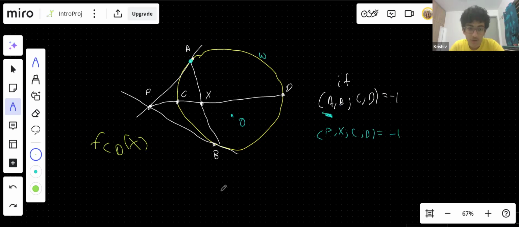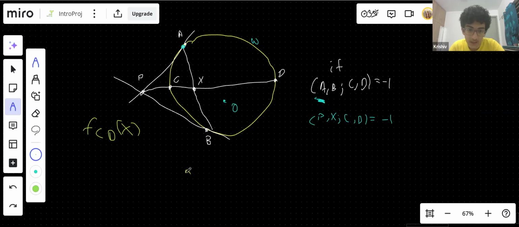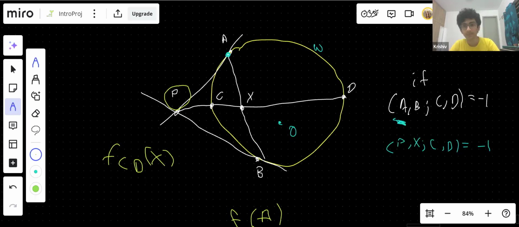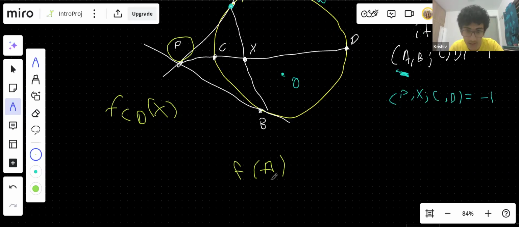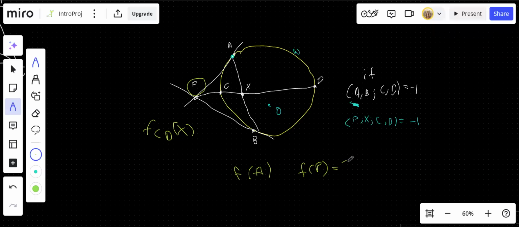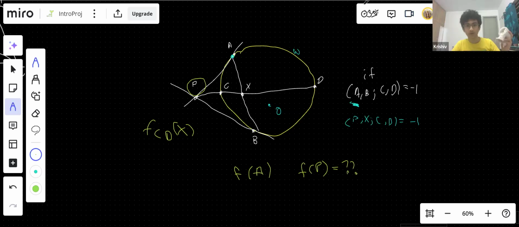So what do we get? We get that f of A times f of B. Actually no. Can anyone figure out what f of P is? CP upon PD. Yeah, CP upon PD. But in terms of some of the points that are already in the diagram, what is f of P?